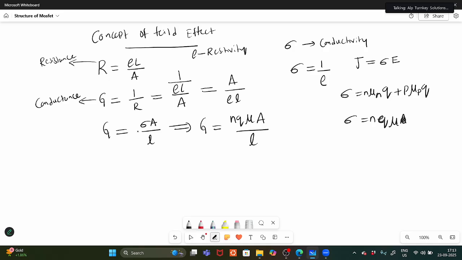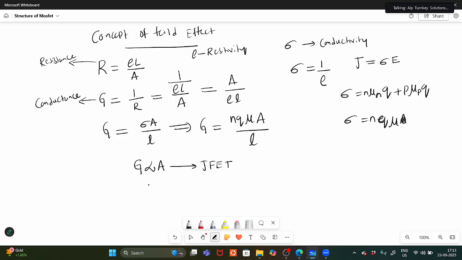If you observe this relation, conductance depends on the area of cross section.